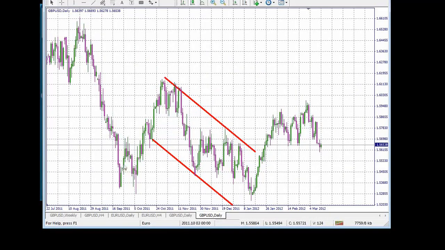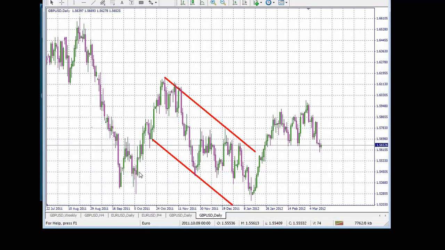This one was one other cycle, and the corrective move is not so clear because the pair has a very aggressive downtrend.